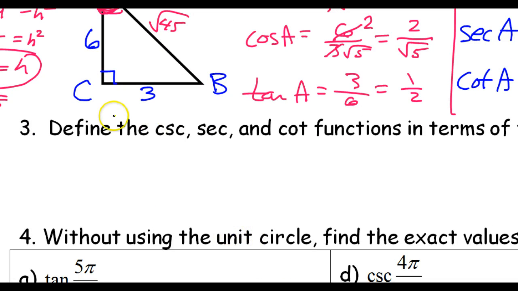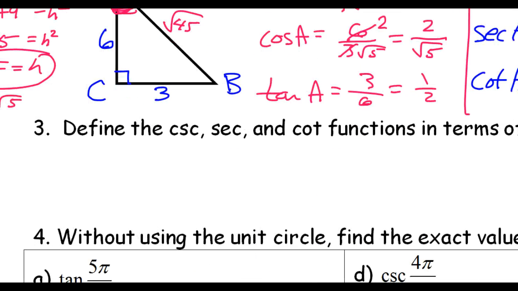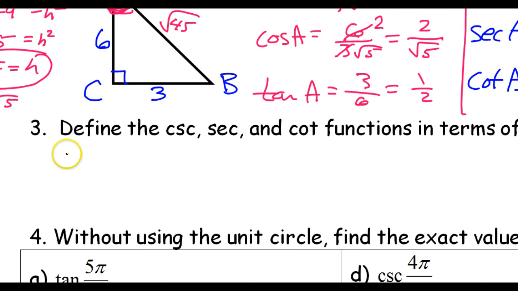Problem number 3 is just the definition of these things. Cosecant theta is the reciprocal of sine, so that means it's 1 over sine theta.